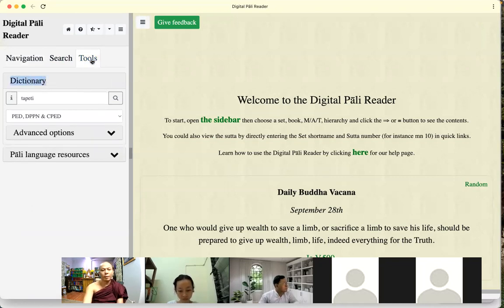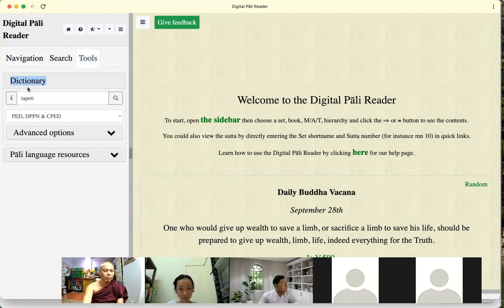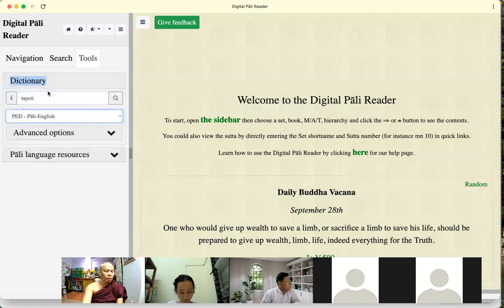When you click the tool button, not under the search, not under the navigation tool, in the dictionary you can also choose it here. PED means Pali English Dictionary by the PTS. DPPN means Dictionary of Pali Proper Names. And CPED means Concise Pali English Dictionary. You can use each one. PED is strongly recommended.